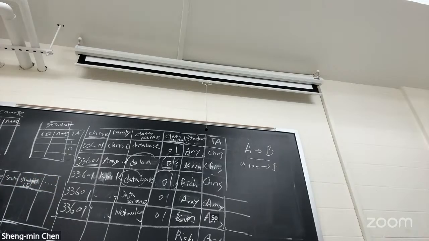So you have the sections in a separate table called register, or enrollment. Does that make sense?